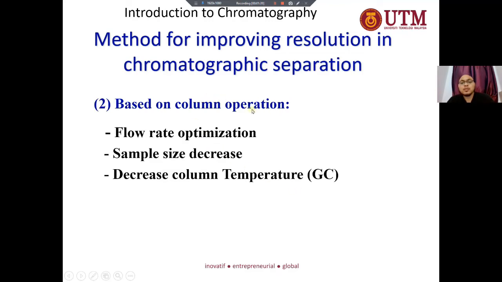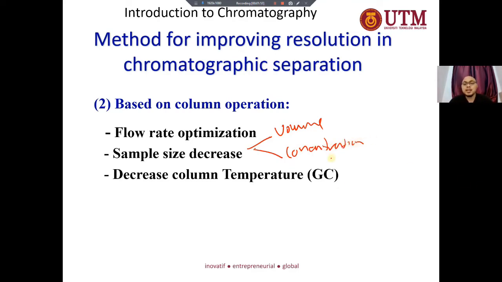Based on the column operation, we can optimize the flow rate. So we need to find a good flow rate, not too slow, not too fast. We can also reduce the sample size, in terms of volume of injection or concentration.